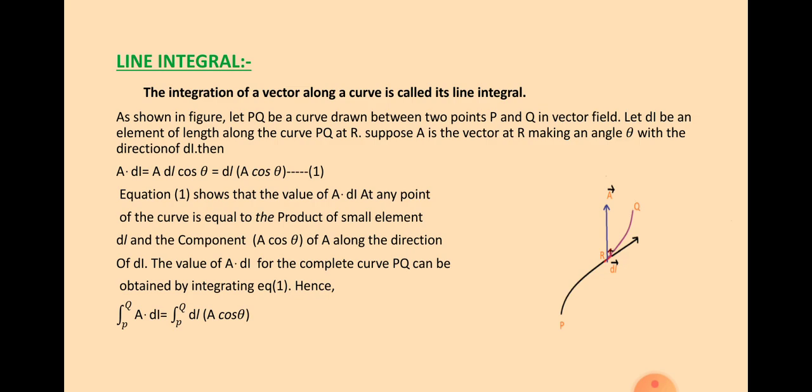The value of A dot dl for the complete curve PQ can be obtained by integrating equation 1. Here there is a path between P and Q. The integral from P to Q of A dot dl equals the integral from P to Q of A cos theta dl, which is called the line integral.